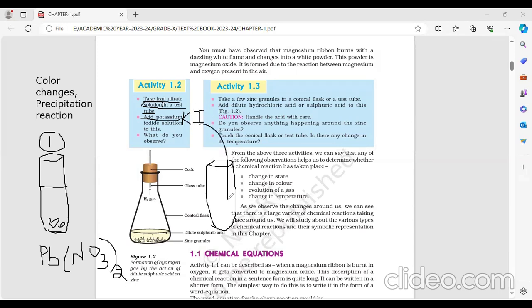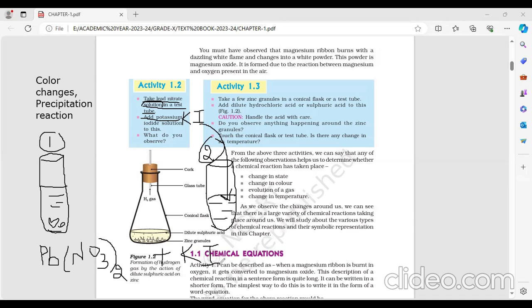I will add it in another test tube, test tube number 2. Both salts are dissolved in water, right? Then we call it a solution. Now, add potassium iodide solution to the first one, so plus KI. So what happens when we do this?